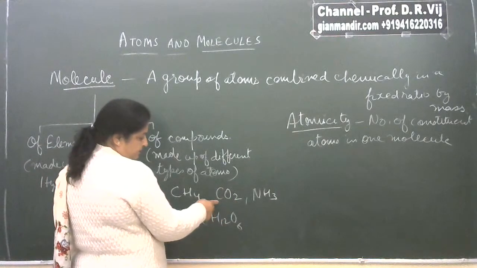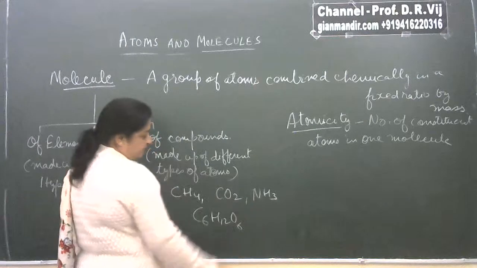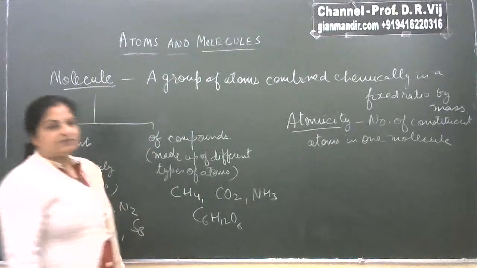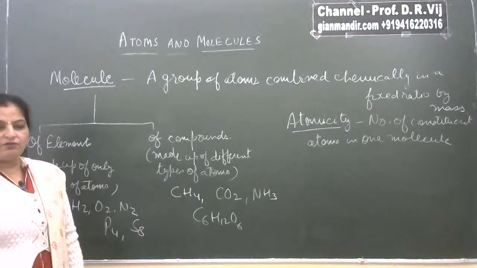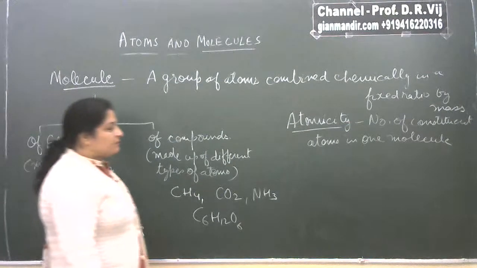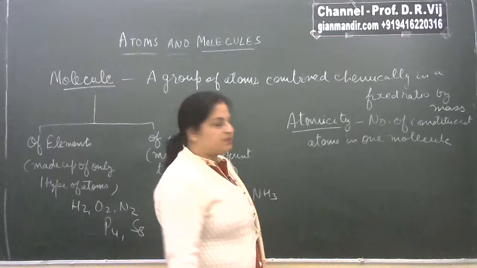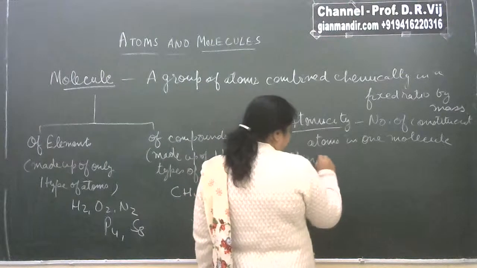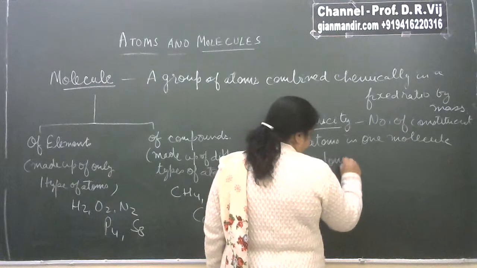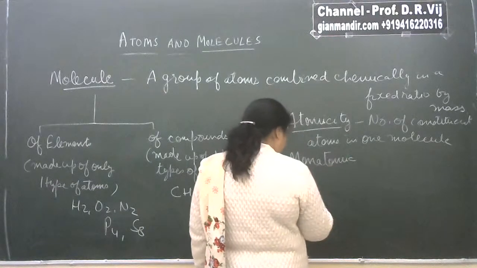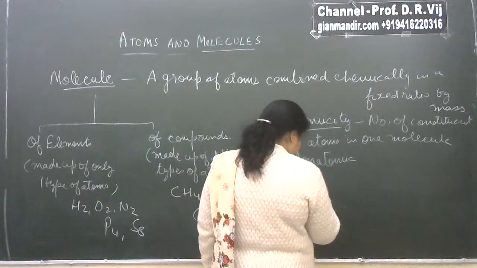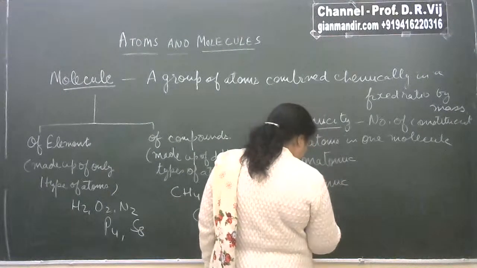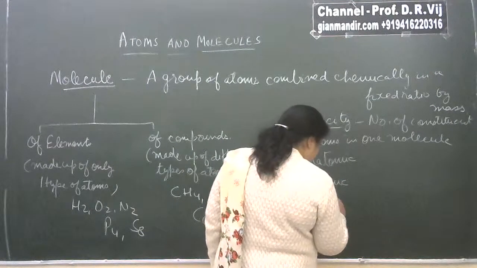Carbon dioxide has atomicity 3, ammonia has atomicity 4, and glucose has an atomicity of 24, right? So on the basis of atomicity, we can have different types of molecules. We can have monoatomic molecules, diatomic molecules, or polyatomic molecules.